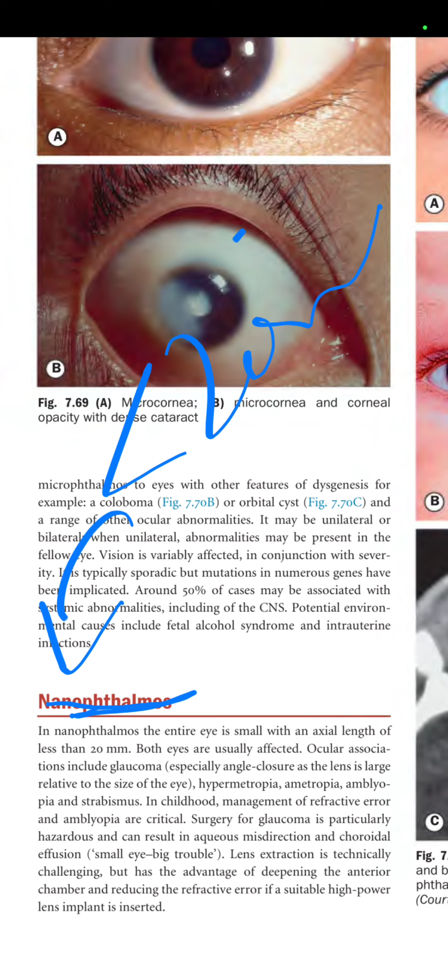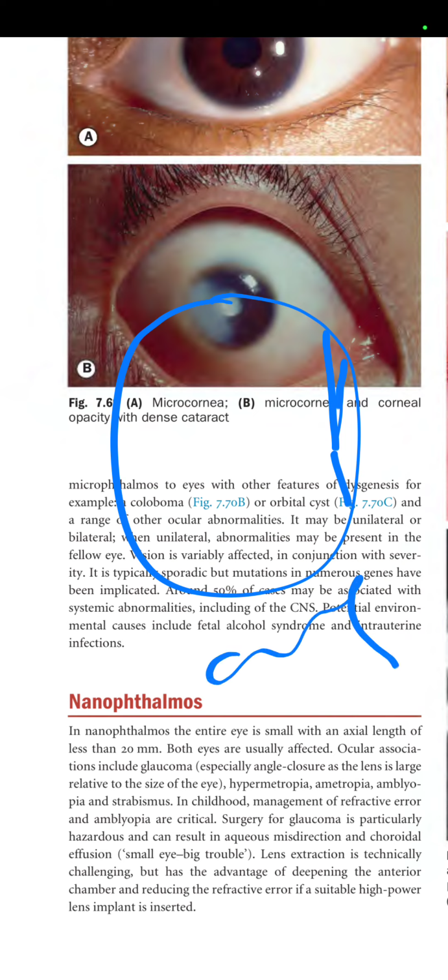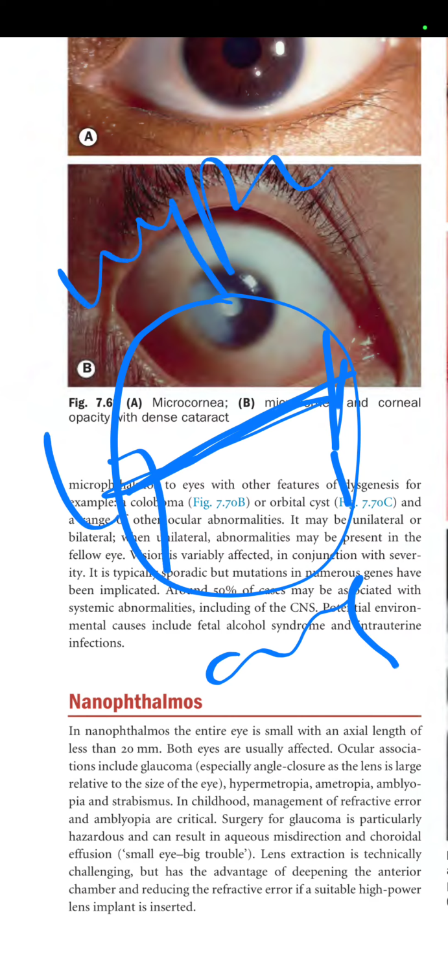Ocular associations include glaucoma, especially angle closure, as the lens is large relative to the size of the eye, hypermetropia, ametropia, amblyopia, and strabismus. So one thing, when the eye is small, the angle is going to be crowded. It is going to have angle closure glaucoma, and because of the short length, there is going to be hypermetropia. And other features are, it can have amblyopia and ametropia.